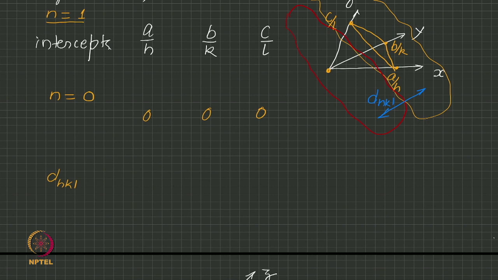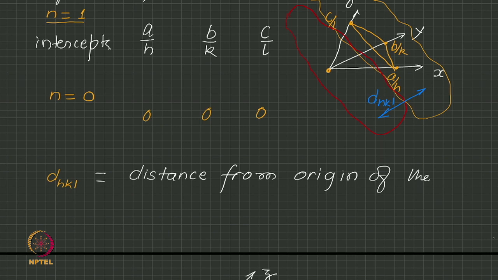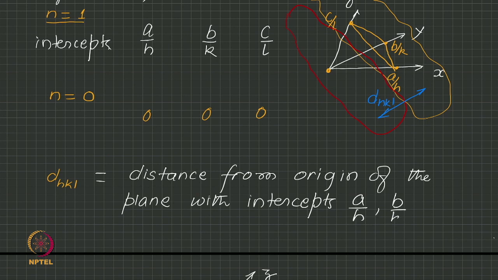So, we can also say that d spacing is the distance from the origin of the plane with intercepts A by H, B by K and C by L. This is because the distance between this plane and this plane, since the red plane passes through the origin, you can drop a perpendicular from the origin onto this plane, and that will also be the same DHKL.